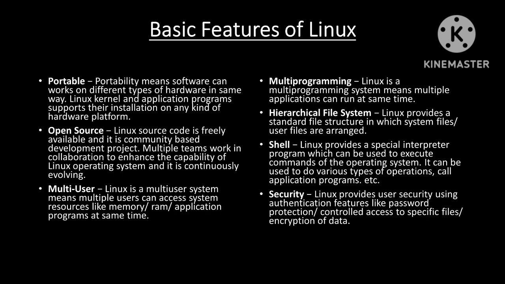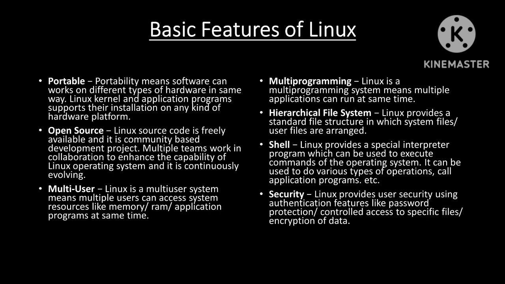Then another unique feature of Linux is the shell. Linux provides a special interpreter program which can be used to execute commands of the operating system. It can be used to do various types of operations, call application programs, etc. And the last feature is security.